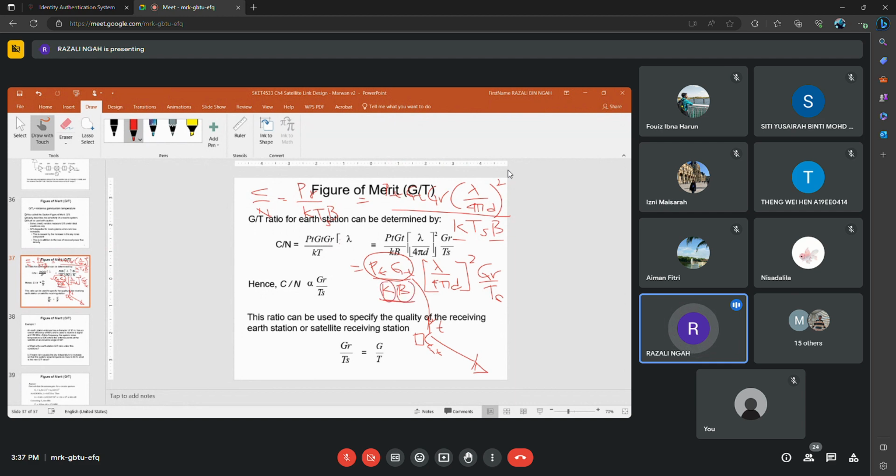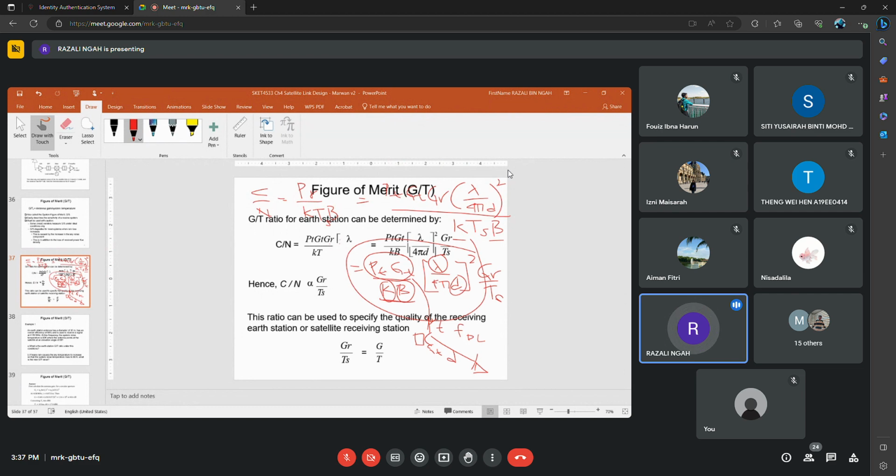B depends on what type of signal that we transmit, so it depends on the application. Lambda depends on the frequency, the downlink frequency. D is the distance. So all of these are normally fixed.